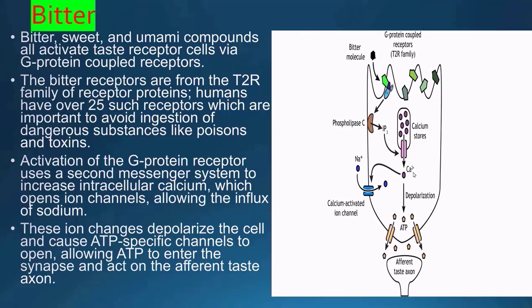This calcium causes activation of the ATP channels and opens them, and ATP is released on the afferent taste axons, and in this way bitter signals are sent to the higher centers.